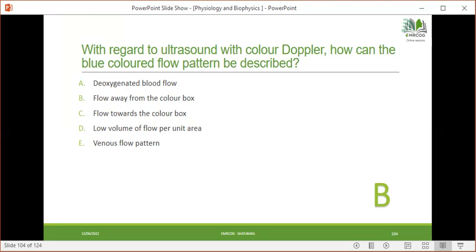Okay, and we are going to revise together which kind of Doppler gives us this opportunity, the opportunity to know the direction. Because red means love, blue means cold or hate. So blue means move away from me.